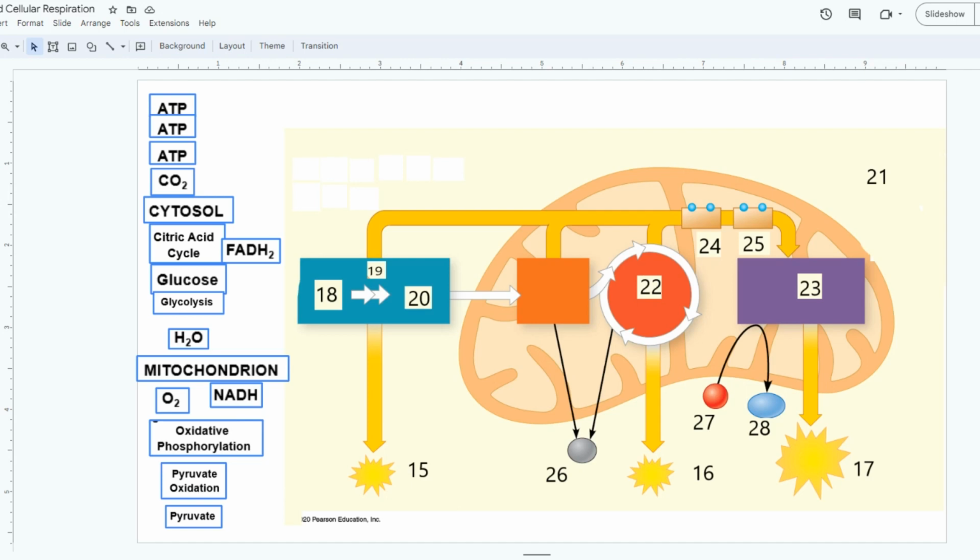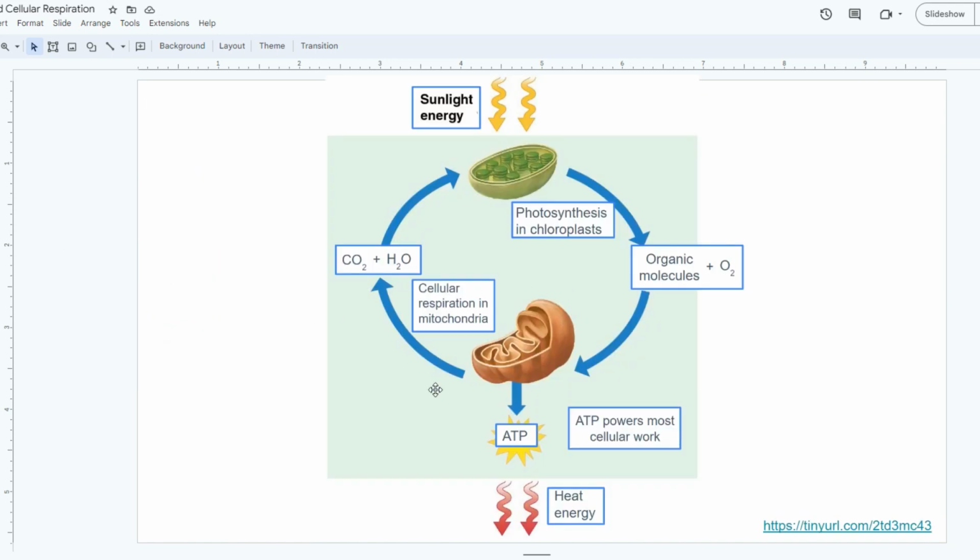And so since you already know some of the symbols, maybe it's going to be a little less scary. So this is what's happening in the mitochondria, right? And we call this thing cellular respiration. So this is now this part over here, right?